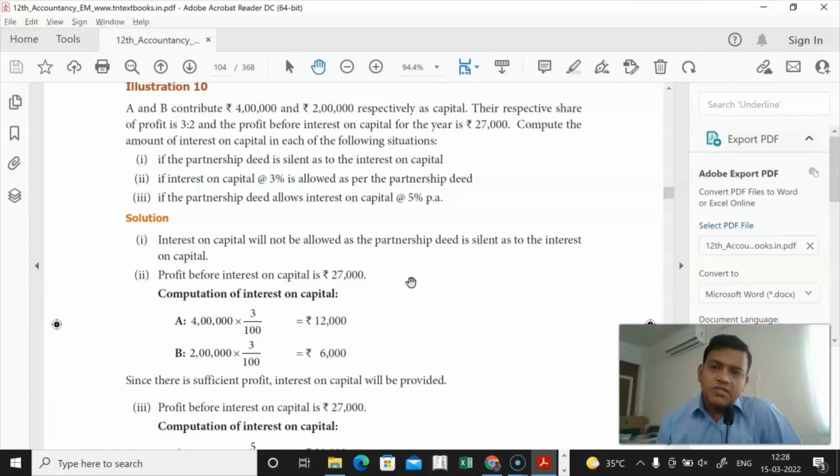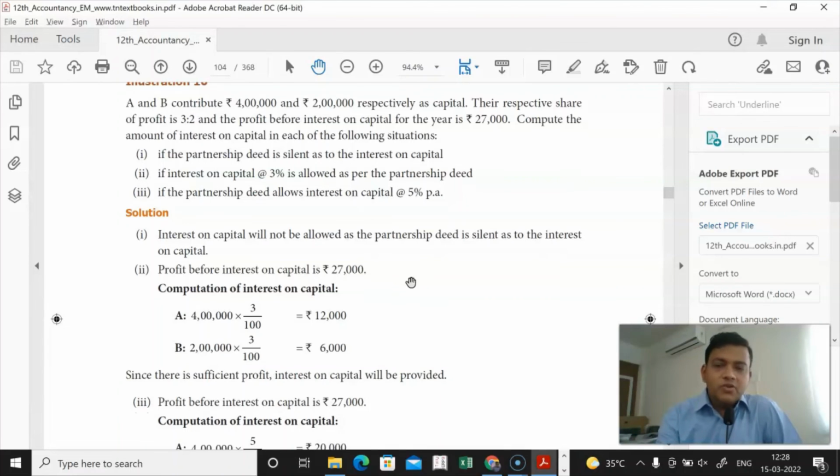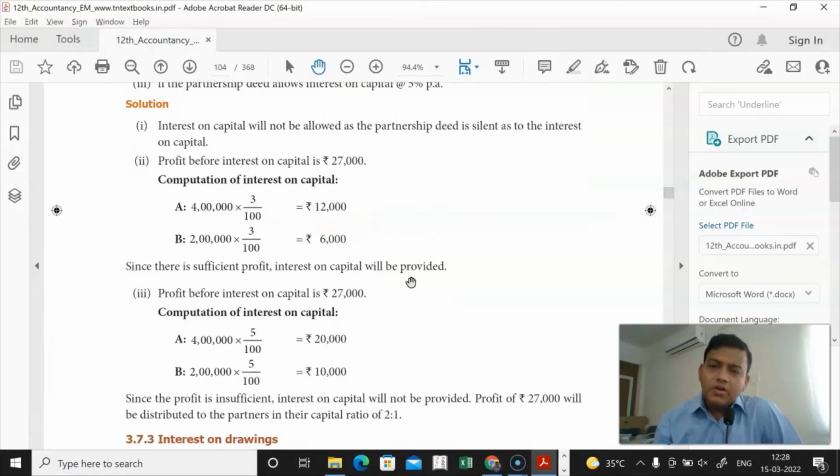Now the third situation is if the partnership deed allows an interest of 5%. If it is 5%, then your interest on capital will be 20,000 and 10,000. That means you have to pay 30,000, whereas your profit is only 27,000. So there is a deficiency. So how do we handle this? At the point when the profit is insufficient, the interest on capital will not be provided in full and the profit of 27,000 alone will be distributed.